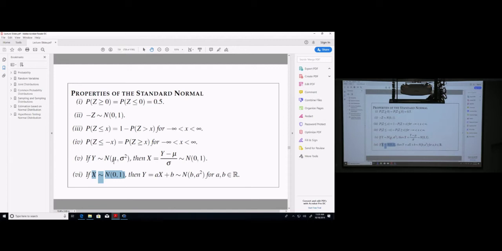As long as you have a way to generate a standard normal, part 6 tells you that by this linear transformation, you will get a normal distribution with the desired mean and variance. Because of the symmetry property, part 2, whether you choose A positive or A negative doesn't really matter.